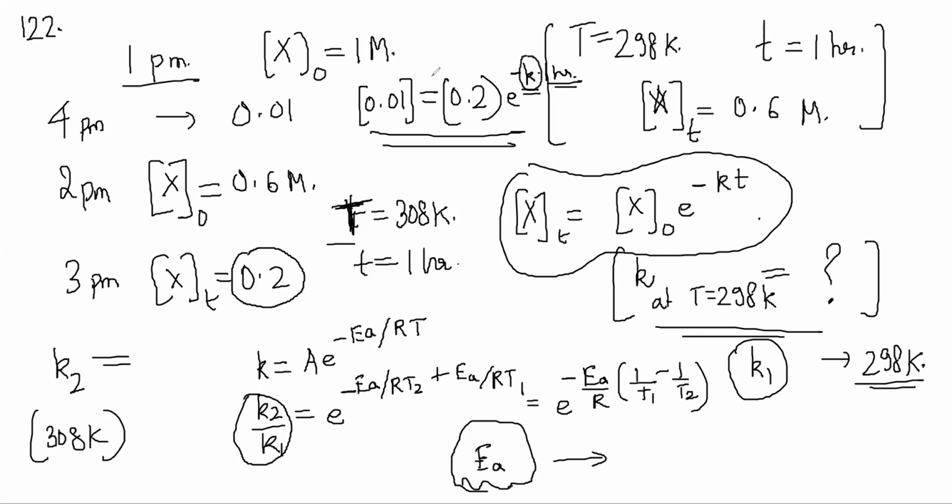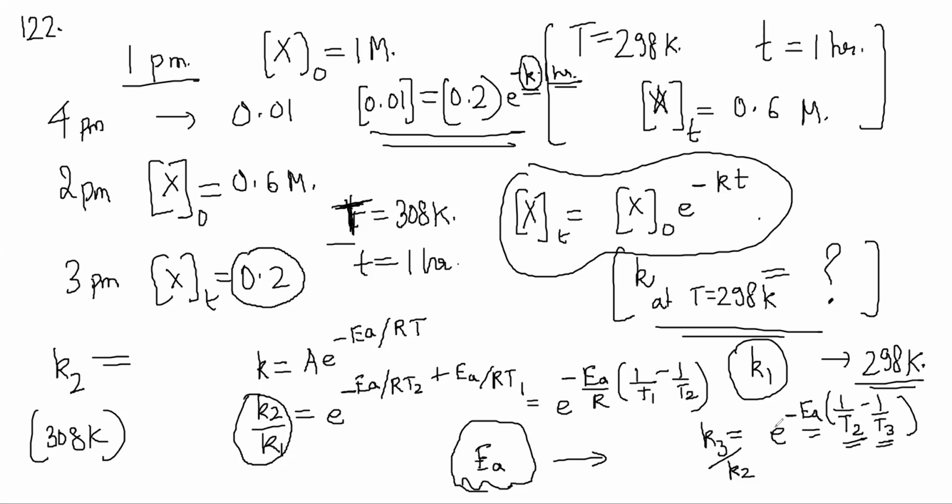K required, if you know, this is K3, right? So K3 by K2 should be equal to e to the power minus the same thing, Ea by R times (1 by T2 minus 1 by T3), right? And this R is also known. T2 is 308. This is unknown.